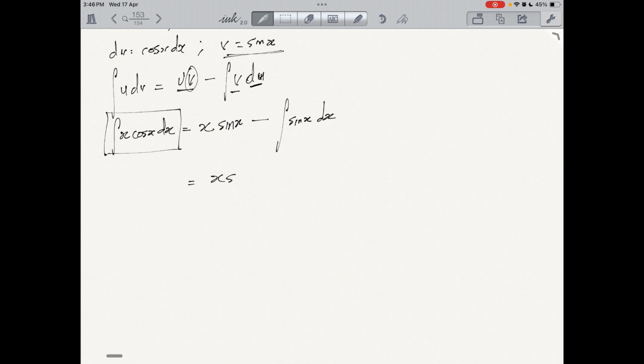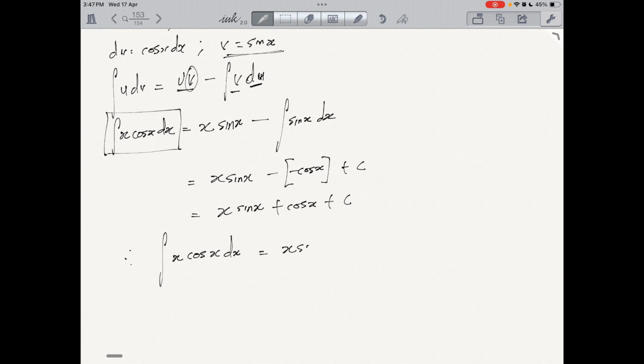This gives us x sine x minus integrating sine x, which gives minus cos x plus c, so we have x sine x plus cos x plus c. Therefore, the integral of x cos x with respect to x is equal to x sine x plus cos x plus c.